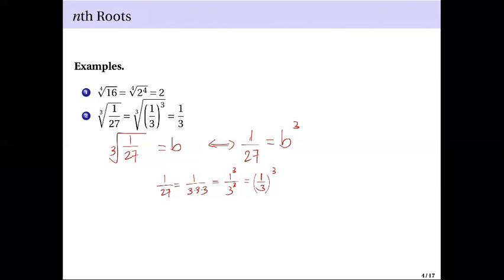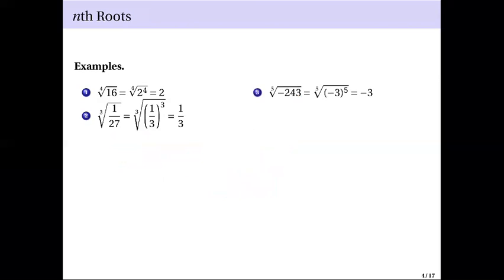Okay. Next example in here. Now we have fifth root of negative 243. Fifth root of negative 243. So using the definition again, the fifth root of negative 243 is equal to b.